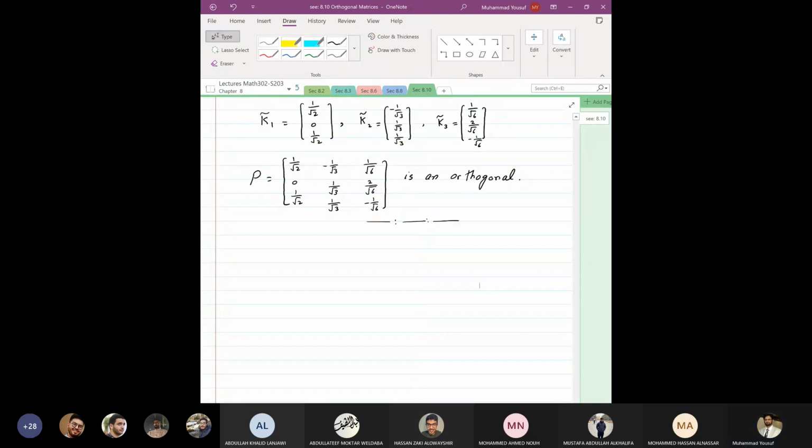Now, sometimes we may have repeated eigenvalues, and I'm showing one example here, which is a symmetric matrix. This is example number 4 in your book.